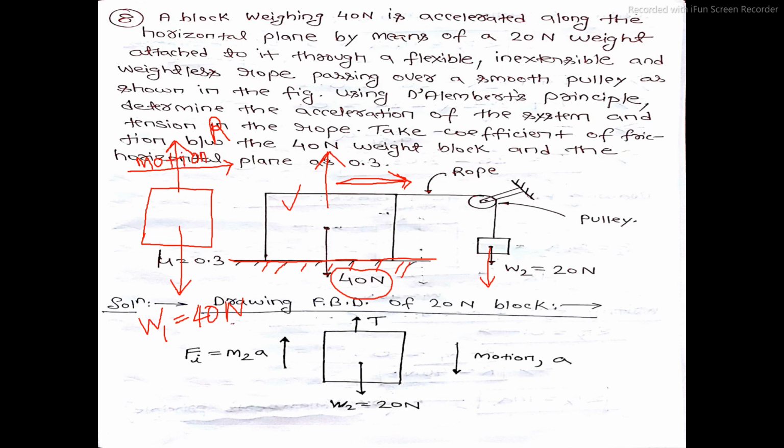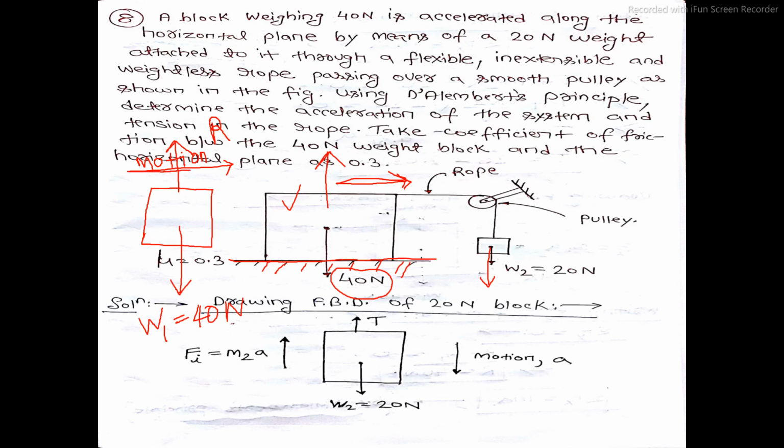Since coefficient of friction is present between the contacting point of the bigger block and the horizontal surface, there will exist a frictional force at the contacting point, and that frictional force will be in the direction opposite to the direction of motion of the bigger block.